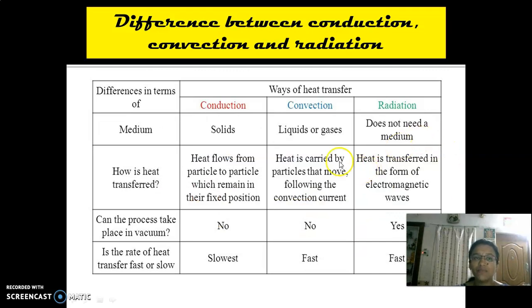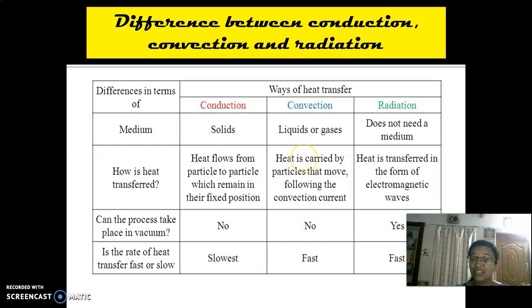And then look at here, the difference between conduction, convection and radiation. Here solid is the medium. Convection takes place in fluids, that is either liquid or gas. Here no medium is required. The particles are fixed; the heat only flows from one particle to the other particle.